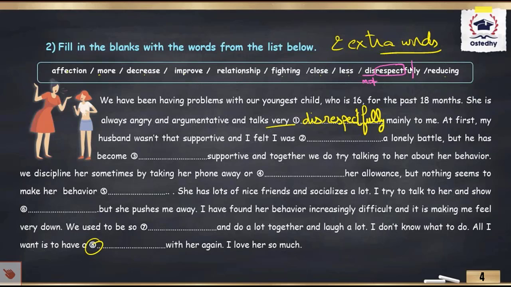At first, my husband wasn't that supportive, and I felt I was... Afterwards, what do you expect? An adjective? Where is the adjective?